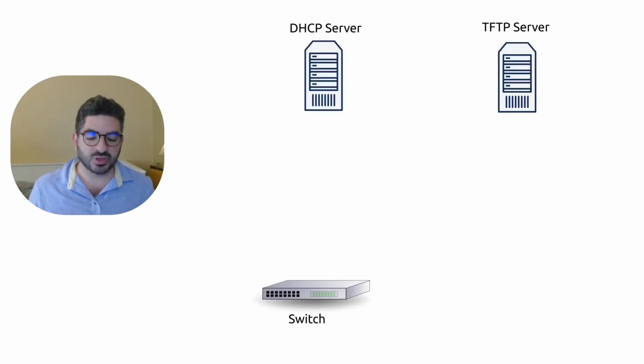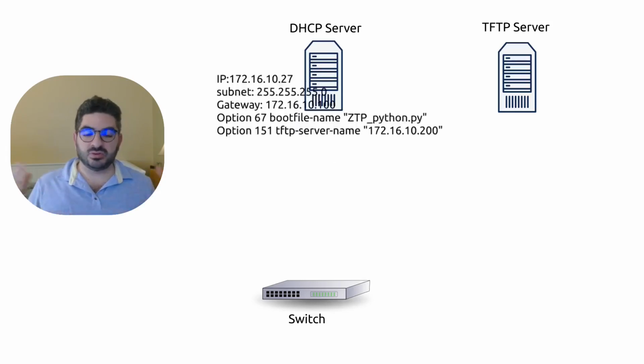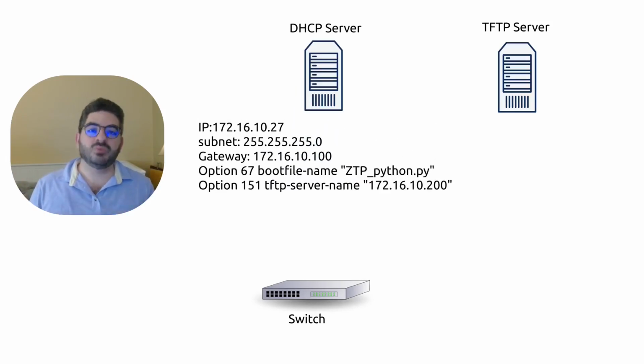When the switch boots up without a startup configuration, the switch will prompt you if you want to go into the initial setup wizard. If you do not interact, the switch will automatically send a DHCP discover message out of its interfaces. At this point, the DHCP server should reply with a DHCP offer message, which has the typical information like IP, gateway, subnet, and so on.